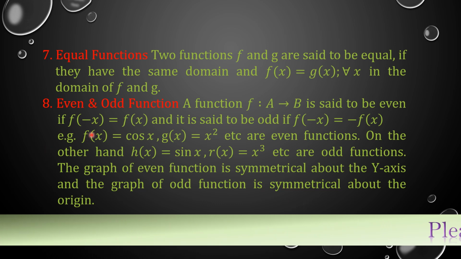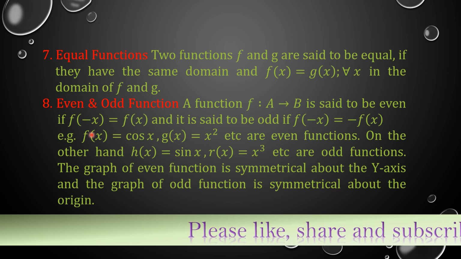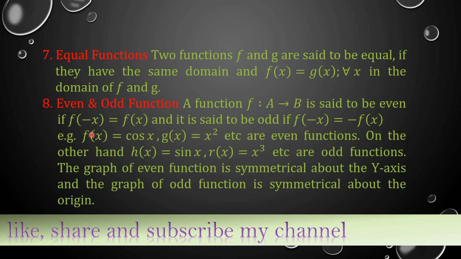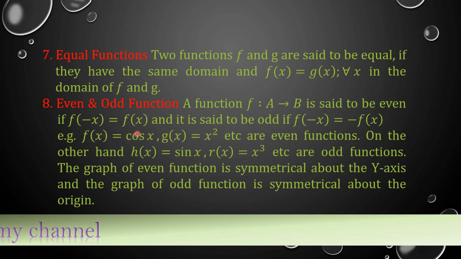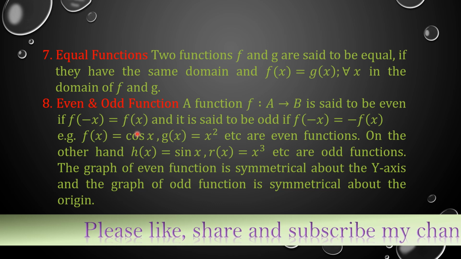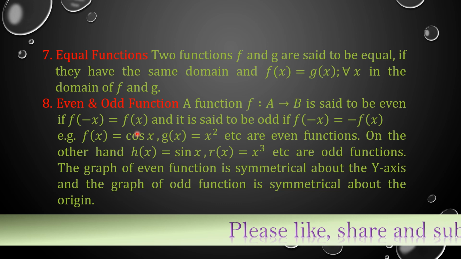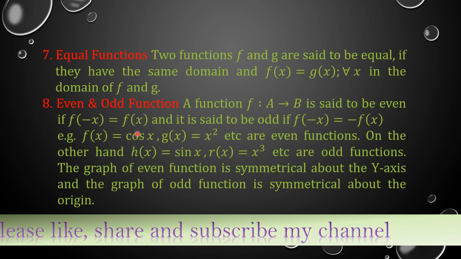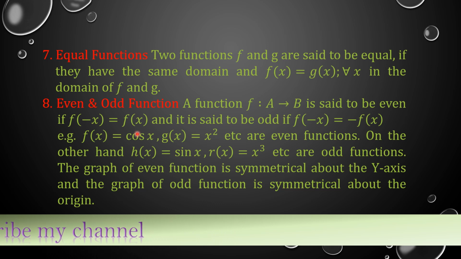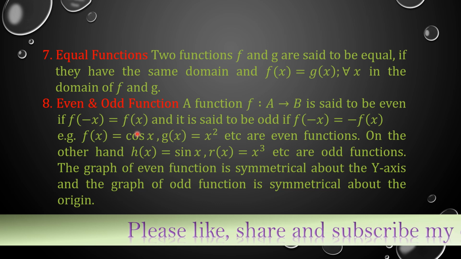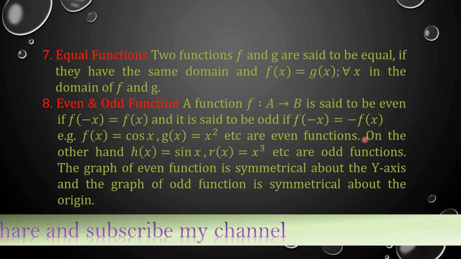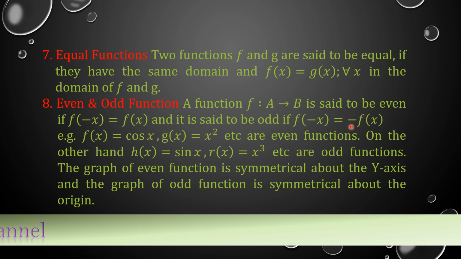And mathematically, after replacing x by minus x in the definition of a function, if you get the function itself, that is, no change in the definition of function, then you say that the function is an even function. And in case of odd function, you replace x by minus x, and after replacing that, if you see that there is a minus sign common in front of the definition of the function given, then it is an odd function. Everything will be same, just there will be minus in front of the definition of the function.